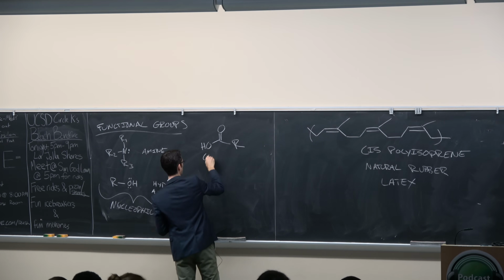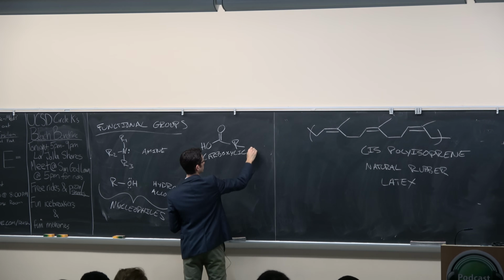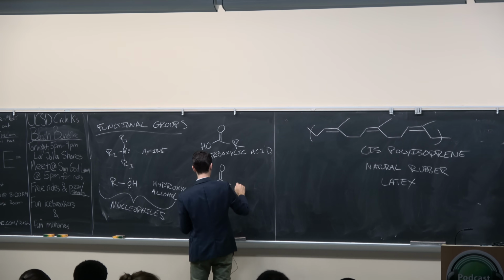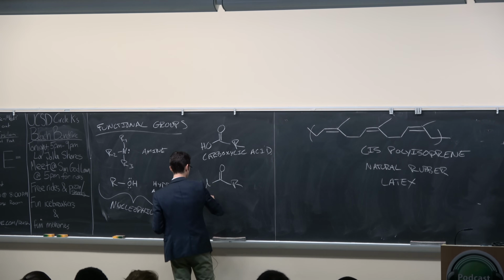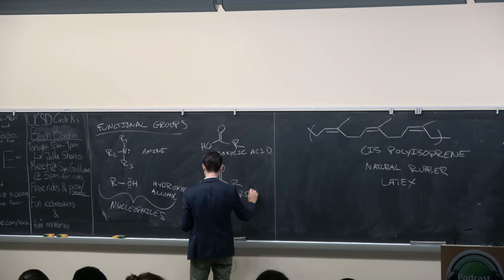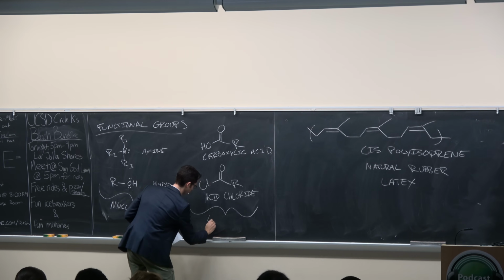This is called a carboxylic acid. The other one you're going to see in polymer science is the acid or acyl chloride. And these are electrophiles.